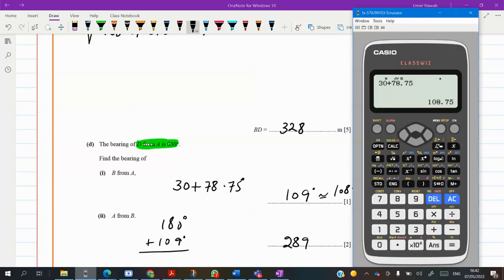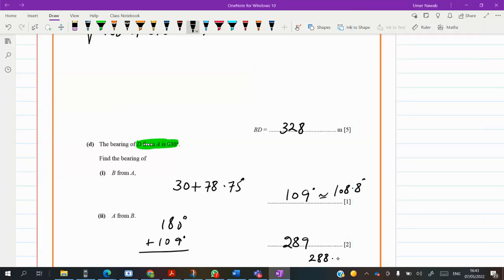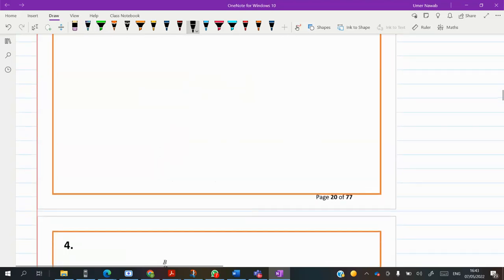And 108.8 plus 180 will give us 288.8. But you know, guys, the bearing is a three-figure number, so don't write the decimals. Just write it as a whole number. As I told you, the bearing is a three-figure number, so don't write the decimal. So 289 is the bearing of A from B.